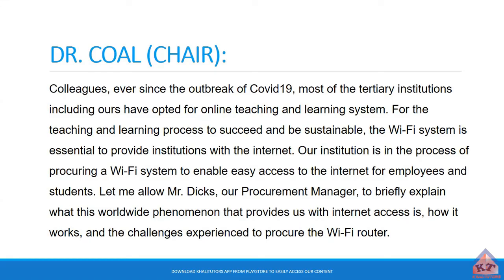Our institution is in the process of procuring a Wi-Fi system to enable easy access to the internet for employees and students. Let me allow Mr. Dix, our procurement manager, to briefly explain what this worldwide phenomenon that provides us with internet access is, how it works, and the challenges experienced to procure the Wi-Fi router.